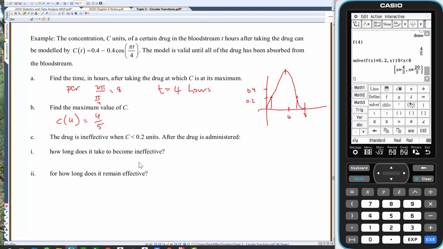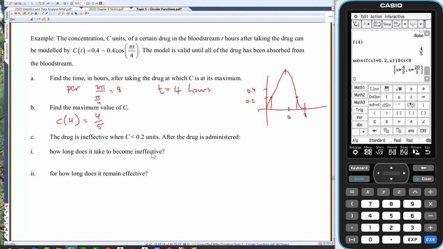Okay, so how long does it take to become ineffective? Well, we're going to assume by the wording of the question that we ignore this initial stage, and we're going to say that I've taken the drug and I want to know when it's going to be ineffective at the end. That's how I'm interpreting this.